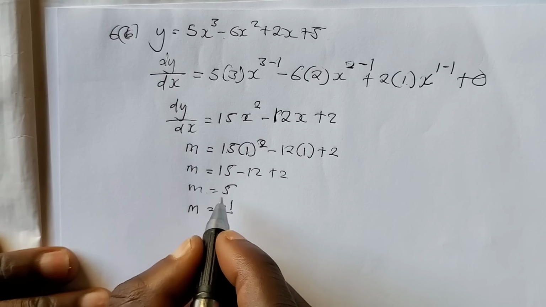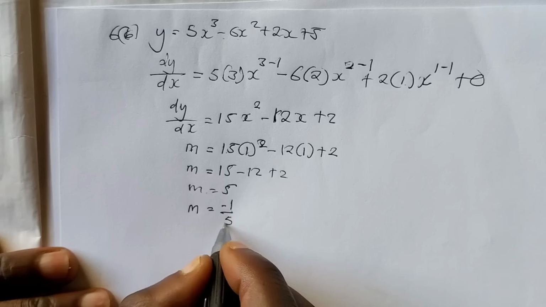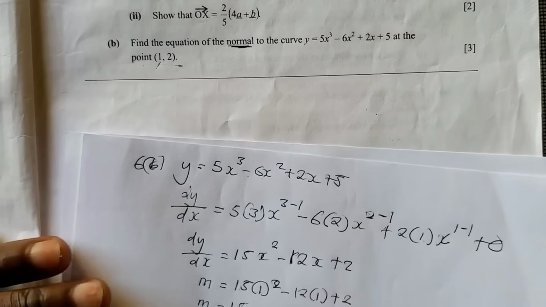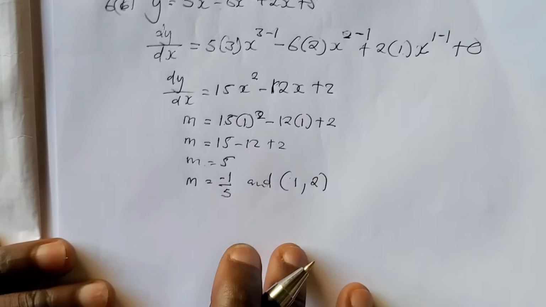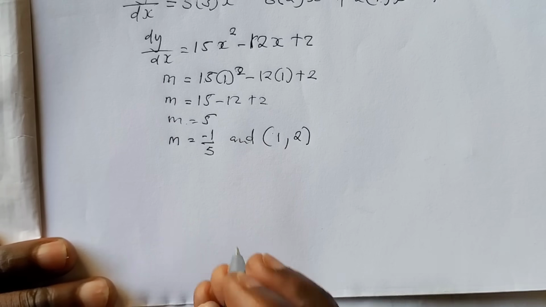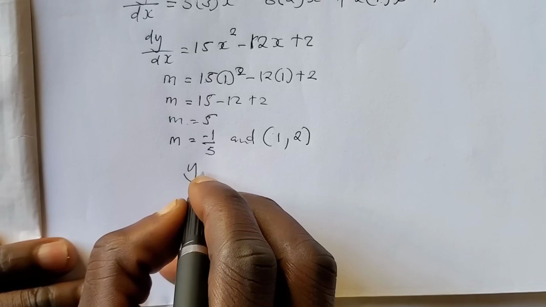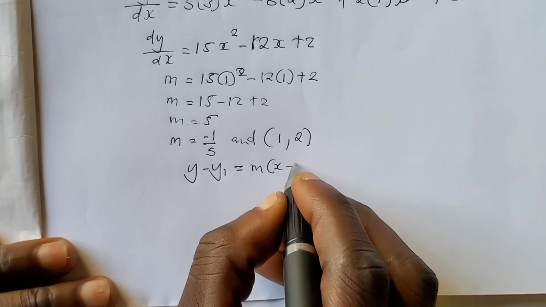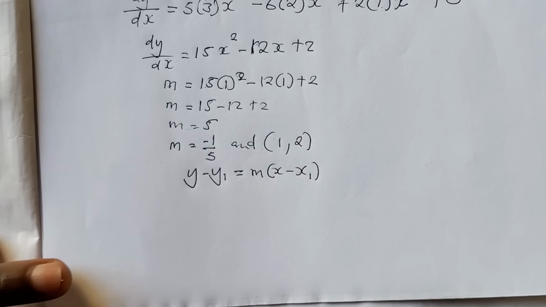Always -1 over what we found here. So -1 over 5. And the point is 1,2. Then the formula for finding the equation is y minus y1 is equals to m, open bracket, x minus x1, like this. Are we together?